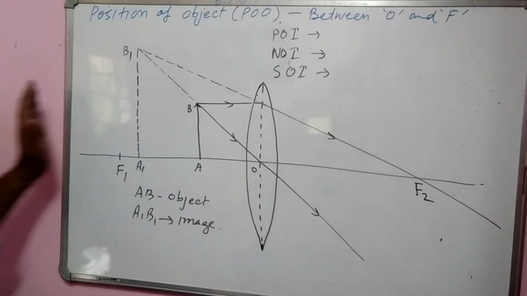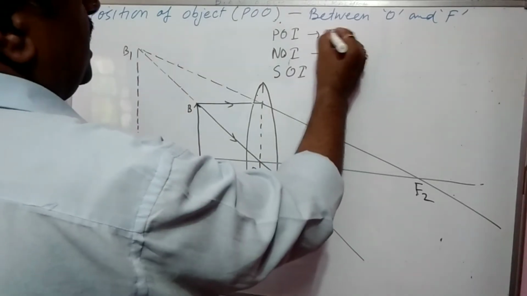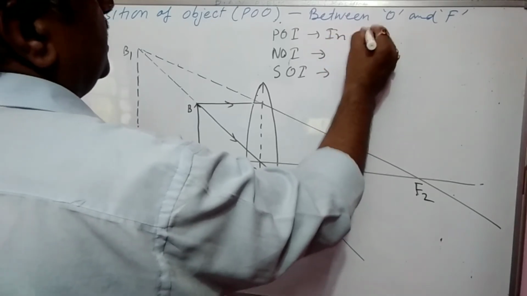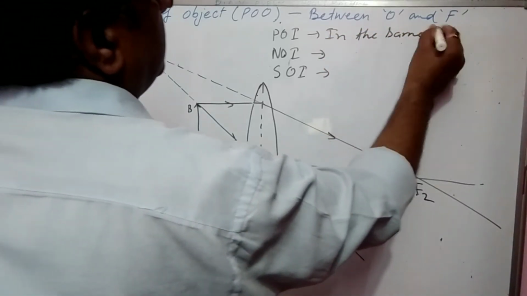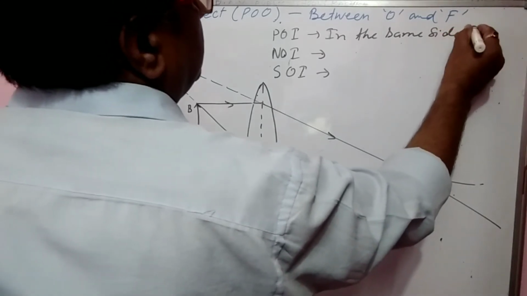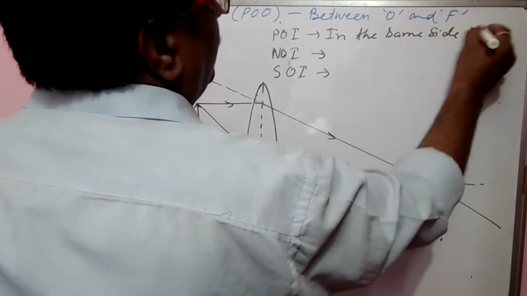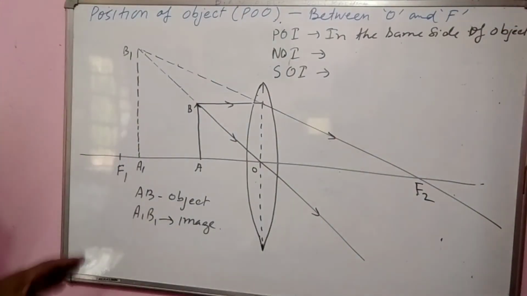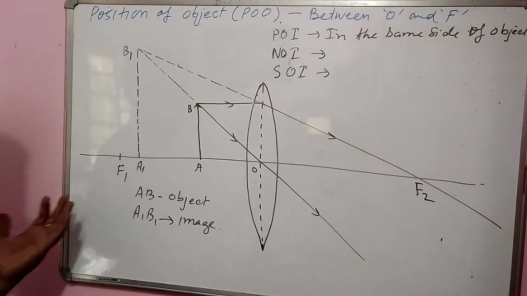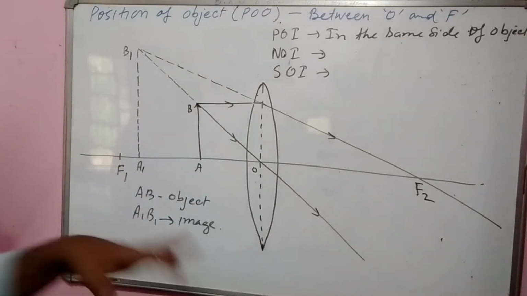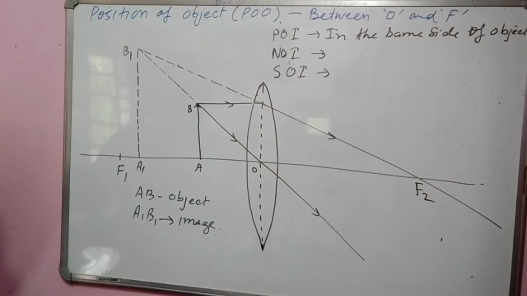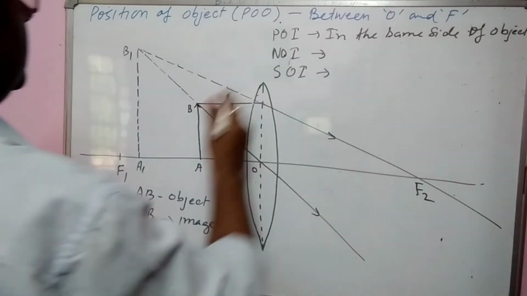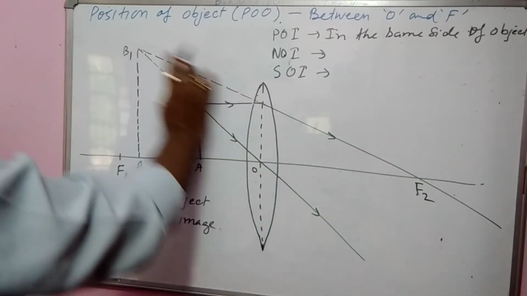So position is on the same side of the object. You cannot say it is on focus, beyond focus, or between focus and optical center. It is at the side behind the object.